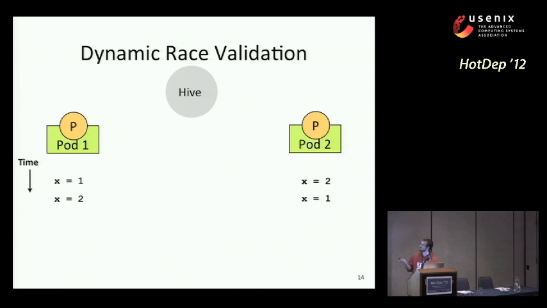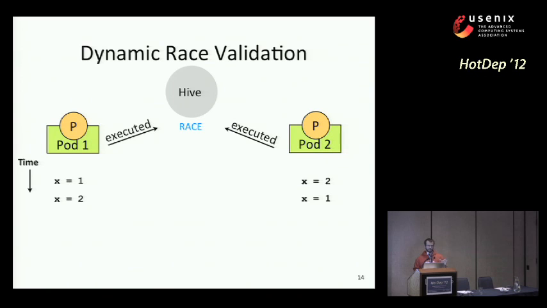So what pod 1 will try to do is to get the instruction x equals 1 executed before the instruction x equals 2, and vice versa for pod 2. Then the pods will relay their findings back to the Hive. So it might be the case that both orders of instructions get executed, and then, therefore, the Hive will decide that there is an actual race.